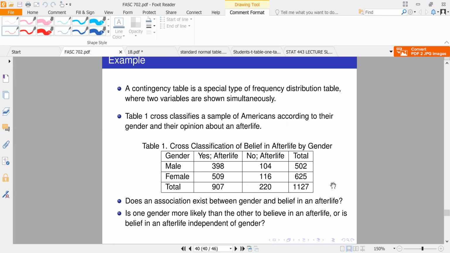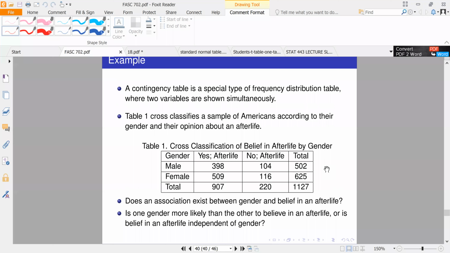Now the question becomes, now that you have this contingency table, the question is on the association between gender and belief. Why is it that many females believe in afterlife compared to the number of males?